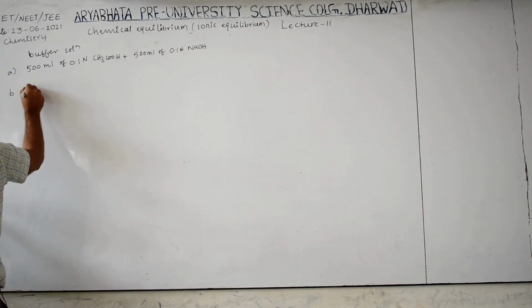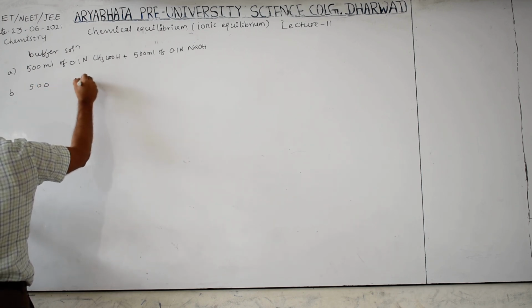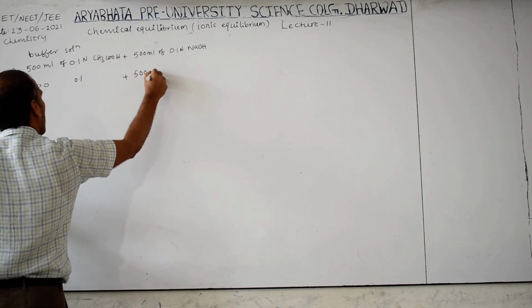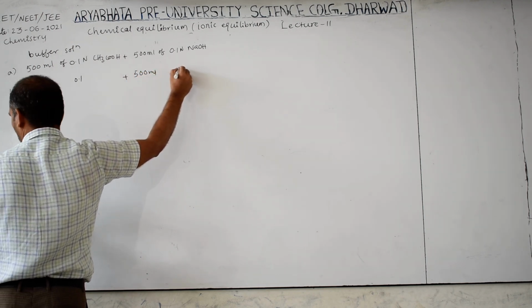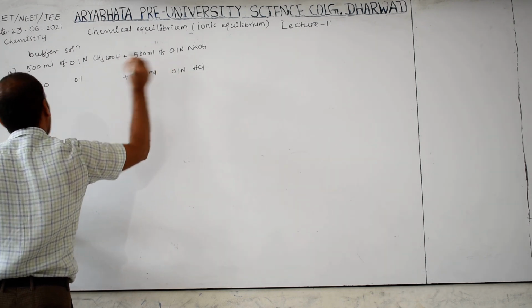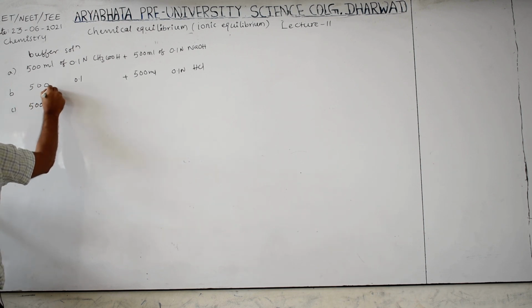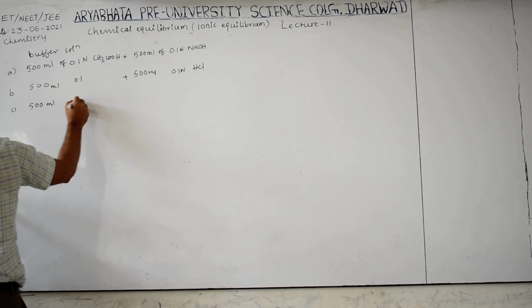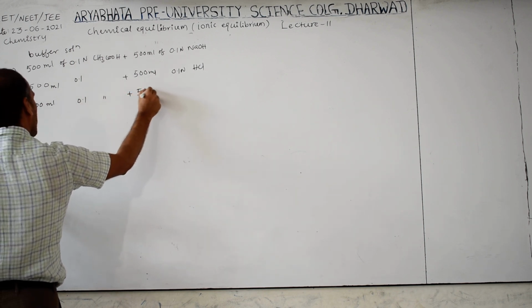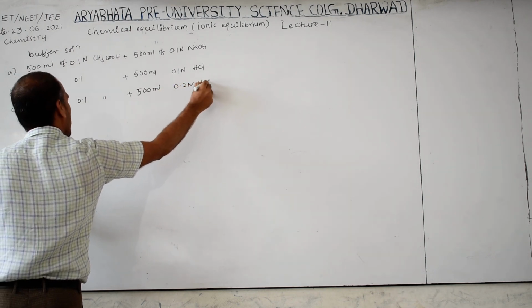Option B is 500 ml of 0.1 N acetic acid plus 500 ml of 0.1 N HCl. Option C is 500 ml of 0.1 N acetic acid plus 500 ml of 0.2 N NaOH.